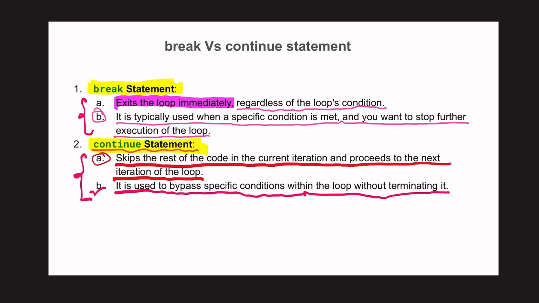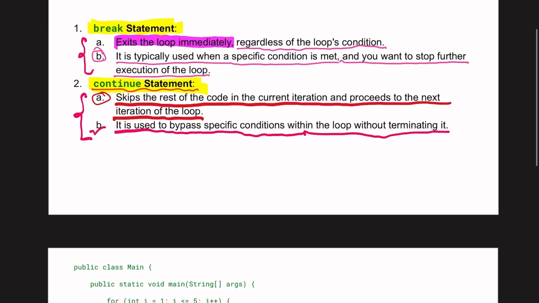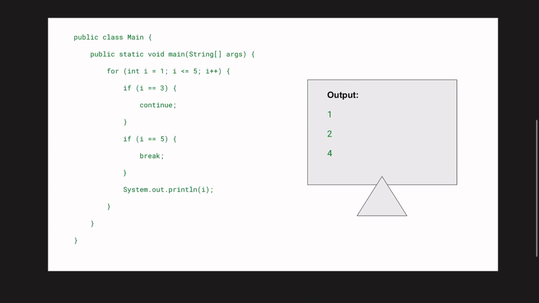But if you want to understand more about it, I have given you one more example. It is a code example. First we have a public class, and the class name is Main. You know the class name starts with a capital letter, yes, and the main method starts with a small letter, yes.